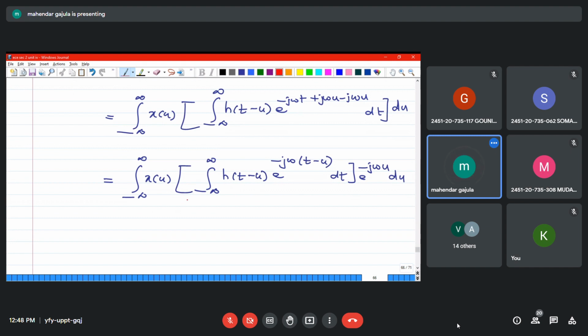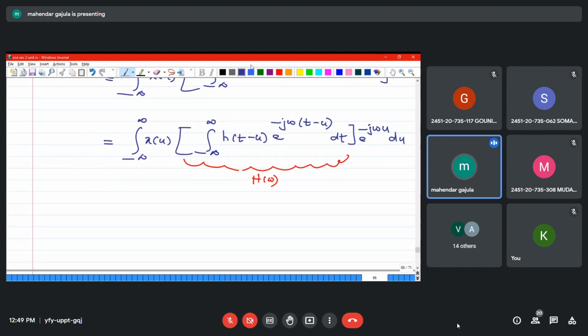This is the transfer function H omega. So the Fourier transform of h(t), H omega, is equal to integral from minus infinity to plus infinity h(t minus u) e power minus j omega (t minus u) dt.